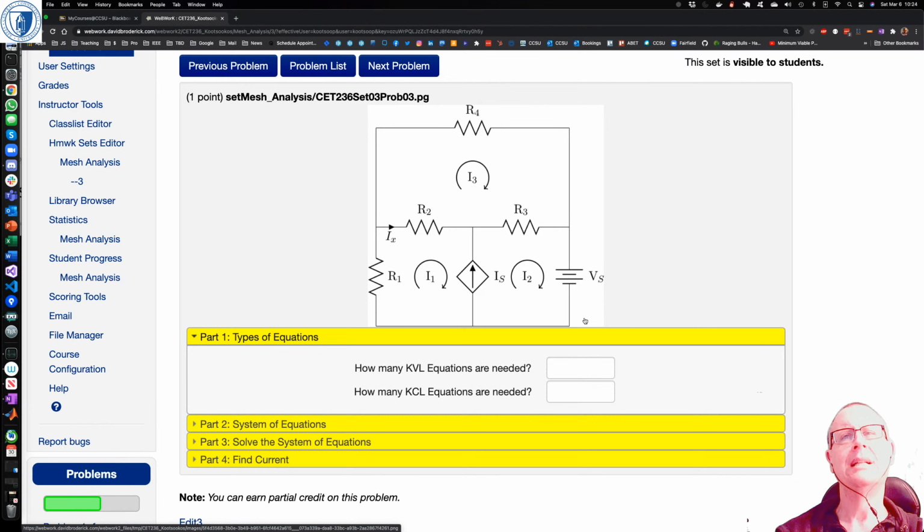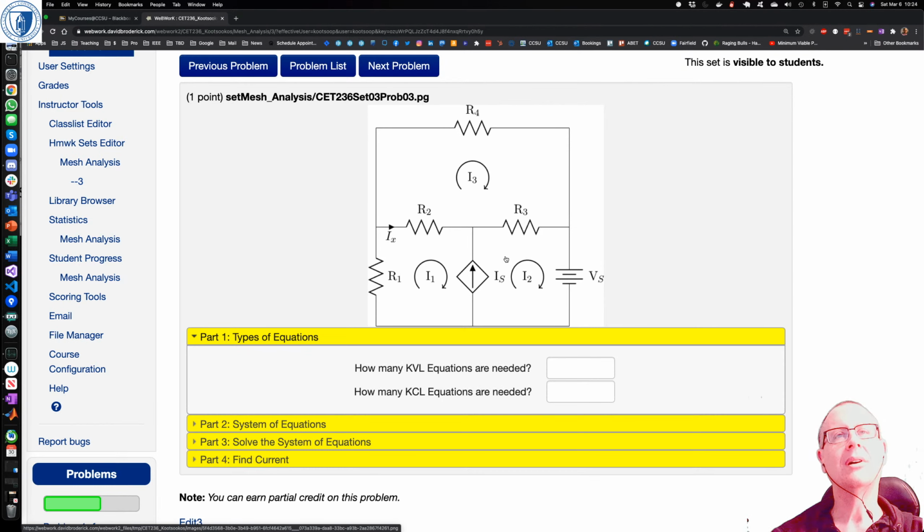Right. So, as I said, there's this current source in the way, so we can't write a KVL equation for I1, and we can't write a KVL equation for I2. But we can write a KCL equation for I2 minus I1 equals IS.